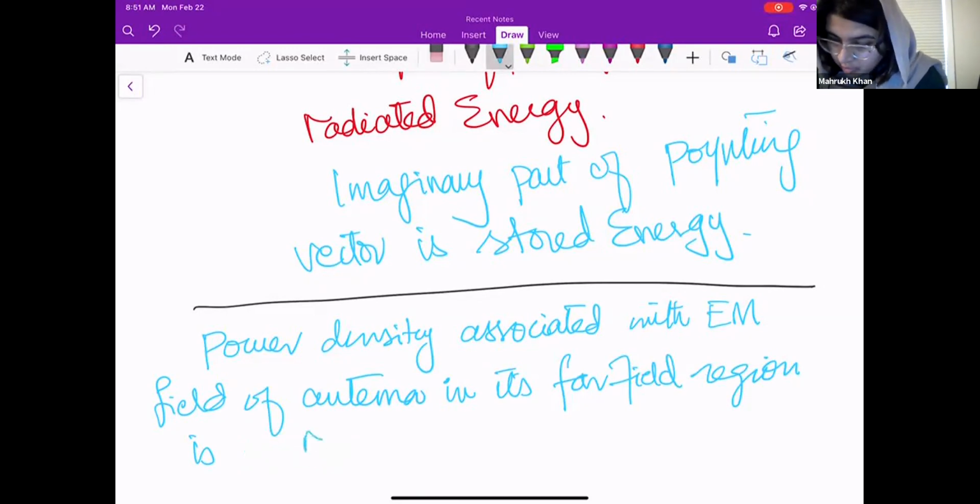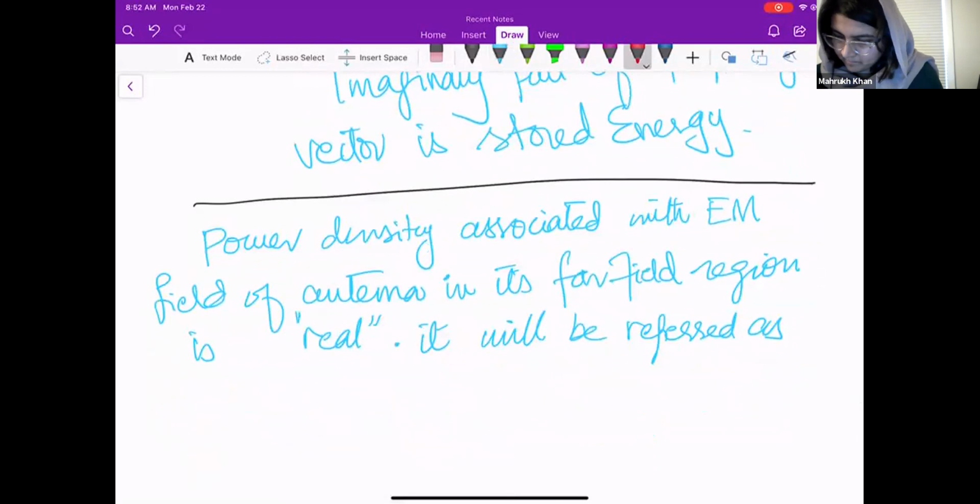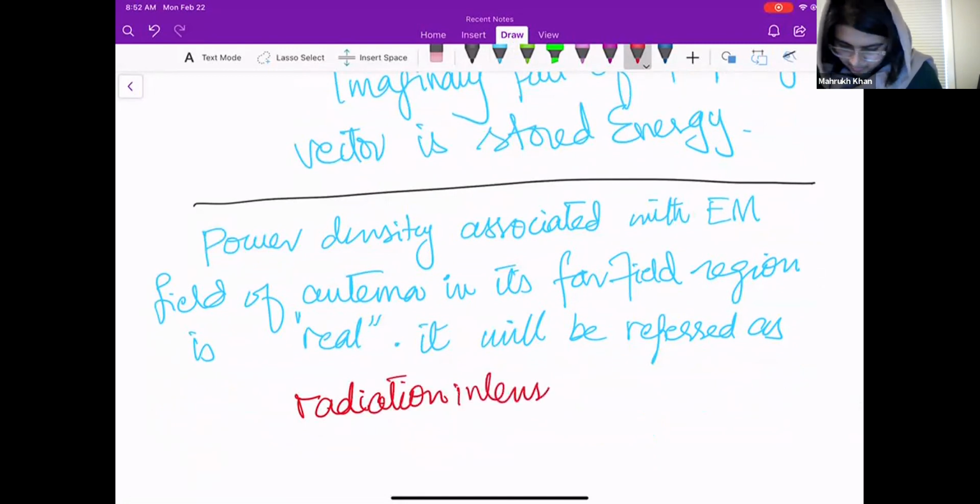Because we are all the time talking about the real power that is radiating. So the power density associated with an antenna in the far field region will be real, okay? And it will be referred to as radiation density, sorry, not intensity, radiation density.